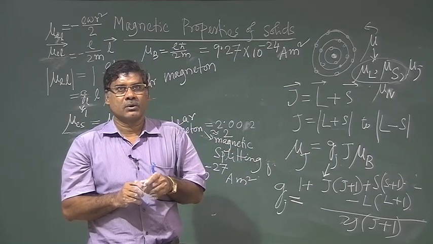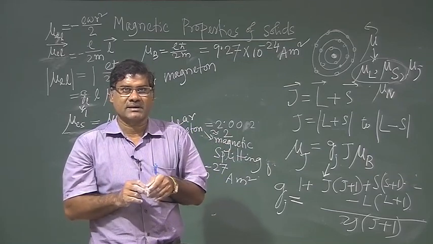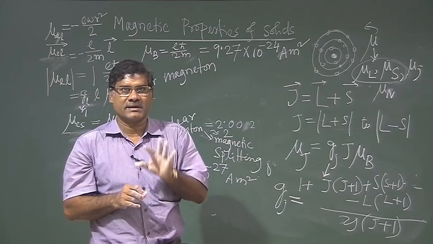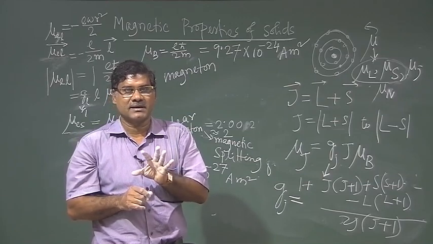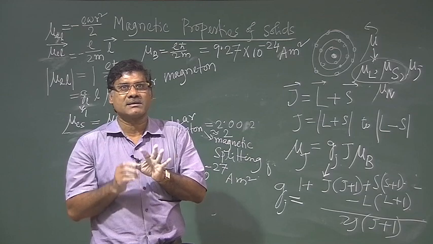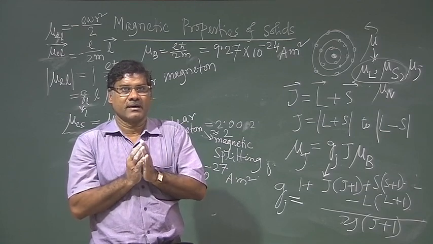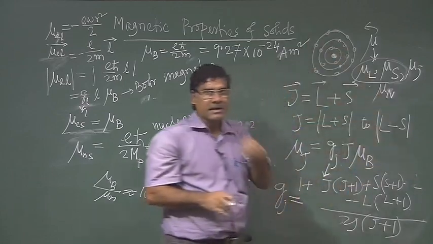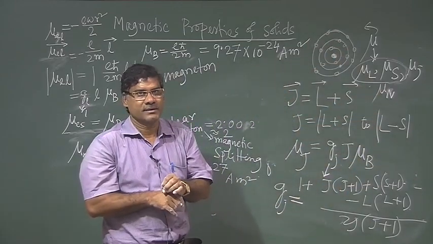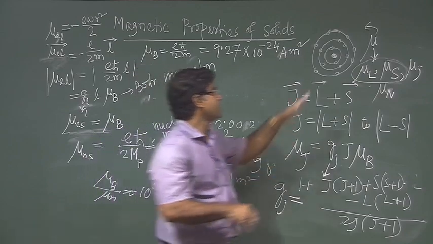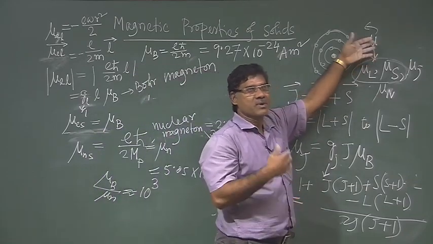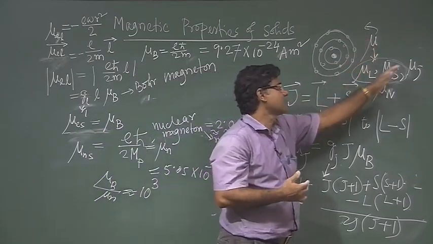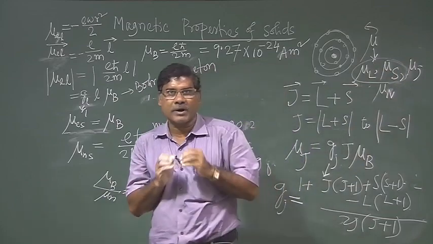We will discuss that whenever it is necessary, but right now we will take the magnetic moment of an atom in a solid, in a material, as mu. This mu can be mu L, mu S or mu j, let us forget that.